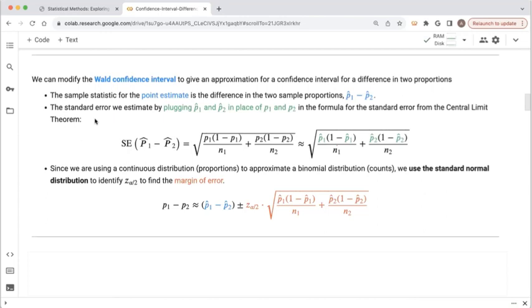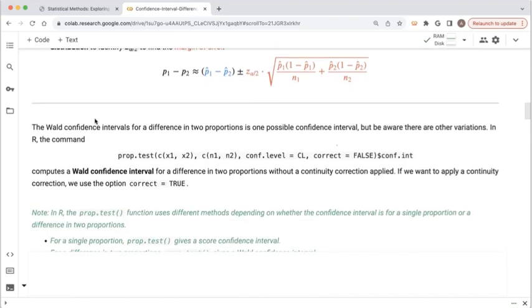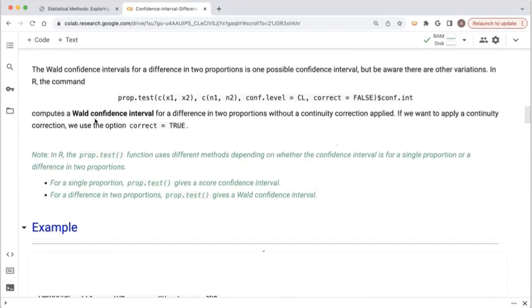And so luckily, if we're working in R, as we are here in this Colab document, there is a built-in R command called prop.test that works similar to the t-test function that we've seen, that we can use to generate a confidence interval estimate for a difference in two proportions. The command, again, is prop.test.